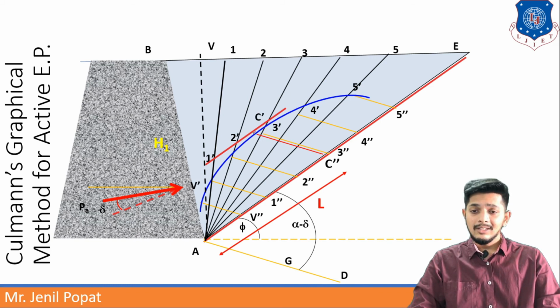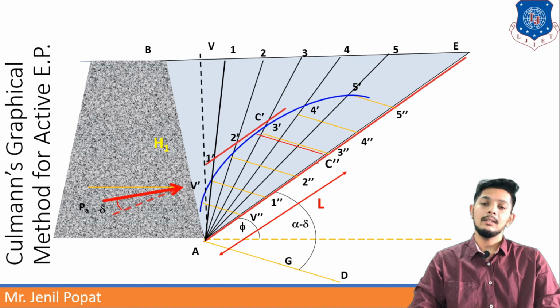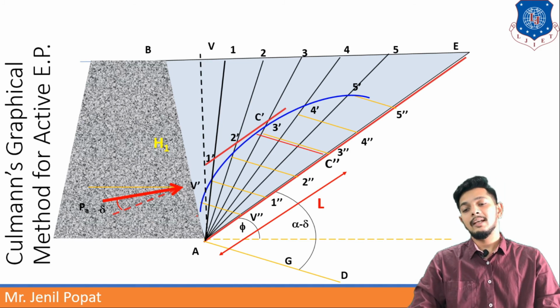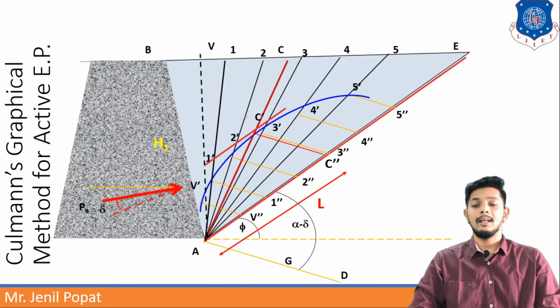Now, from this tangential point to my AE line, or we can say phi line, will give my line C dash C double dash, and this gives a length L. Passing through C dash I can draw a line AC dash C, and this line AC dash C will give me the slip line or failure line.